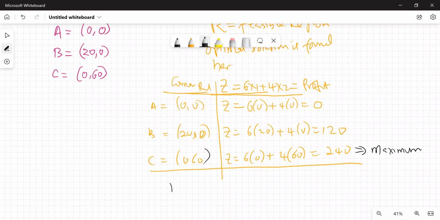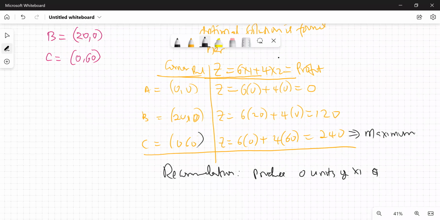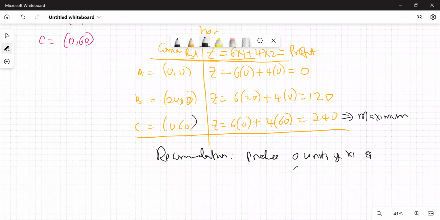So the recommendation is to produce 0 units of X1 and 60 units of X2 to maximize profits.